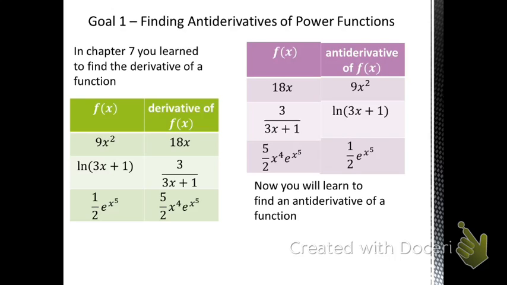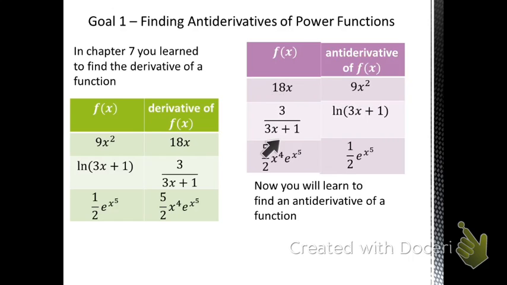As such, this shouldn't come as much of a shock to you. If I take the values in the second column of that table right there, it turns out that the antiderivatives for each of those would be the functions that we differentiated to get them. The antiderivative of 18x is 9x squared because the derivative of 9x squared gives you 18x.